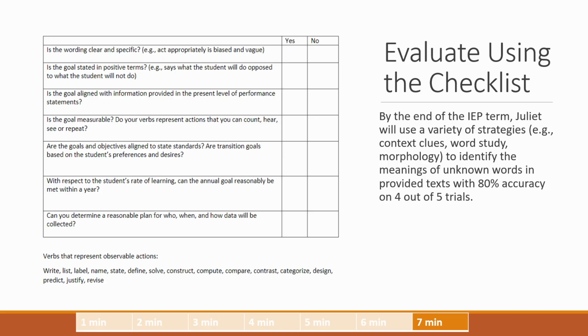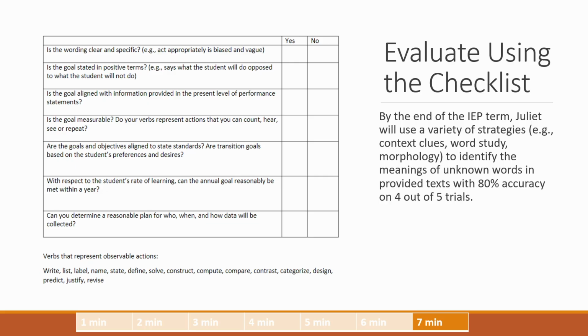Juliet will use a variety of strategies, context clues, word study, morphology, to identify the meanings of unknown words in provided texts with 80% accuracy in 4 out of 5 trials. So evaluate that goal, focusing on the skill in question. Is it something that we can see, hear, count, repeat so that we can document level of attainment?